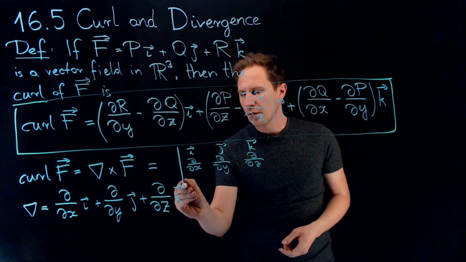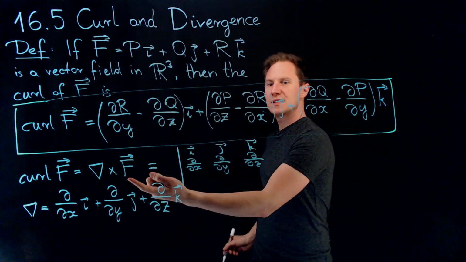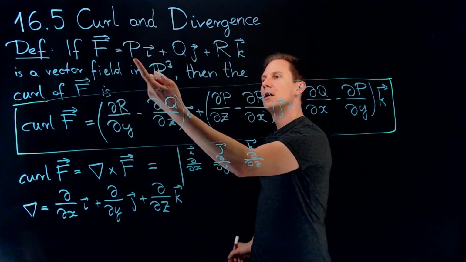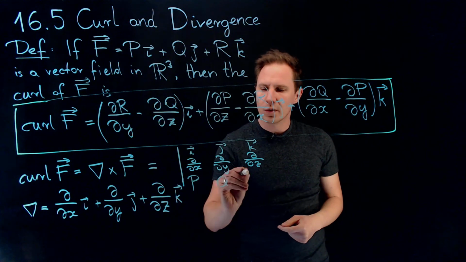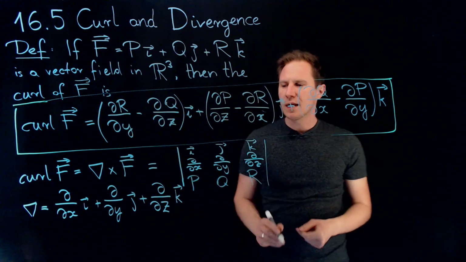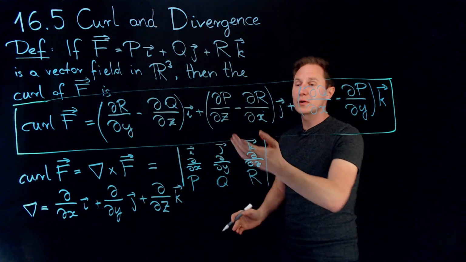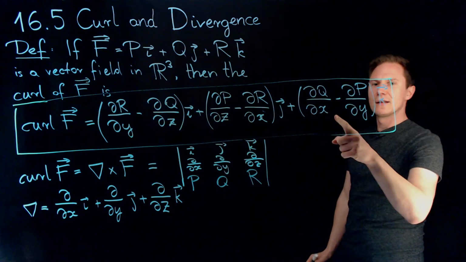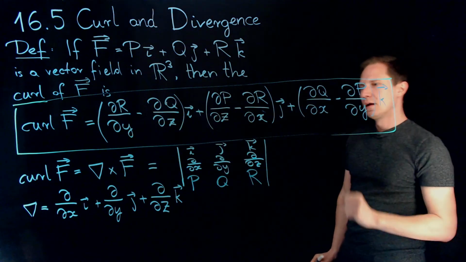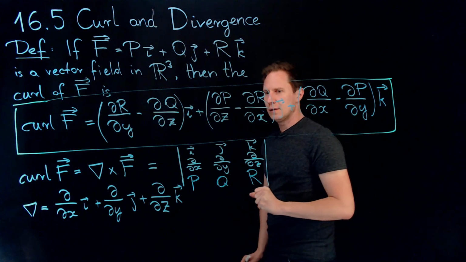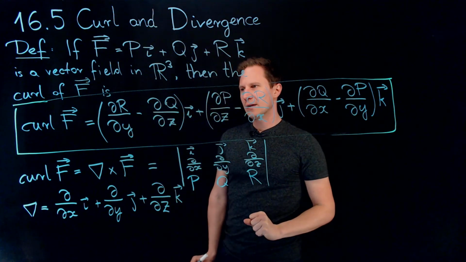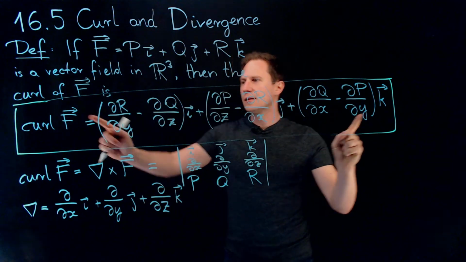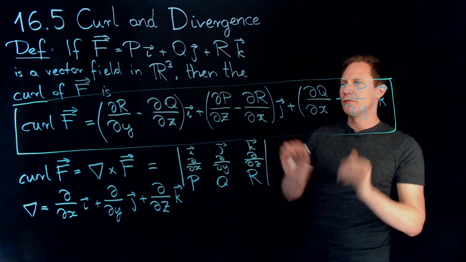And finally, the third row is filled with the components of the second vector in our cross product, which are these functions P, Q, and R. So if you expand this determinant along the first row, you will get exactly this expression. You can go ahead and check that computation. So this is the curl of a vector field. As I said, it itself is a vector field.